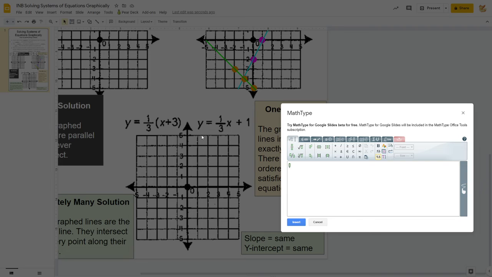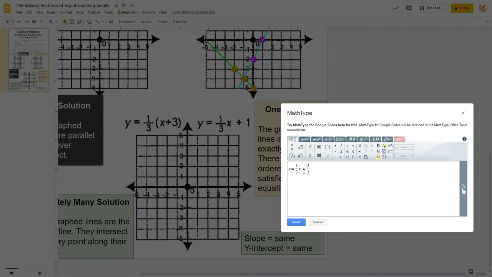What we're going to do is distribute the 1/3 to the x and to the 3. So that will get us y equals 1/3 x plus, now 1/3 times 3 is going to be 3/3.